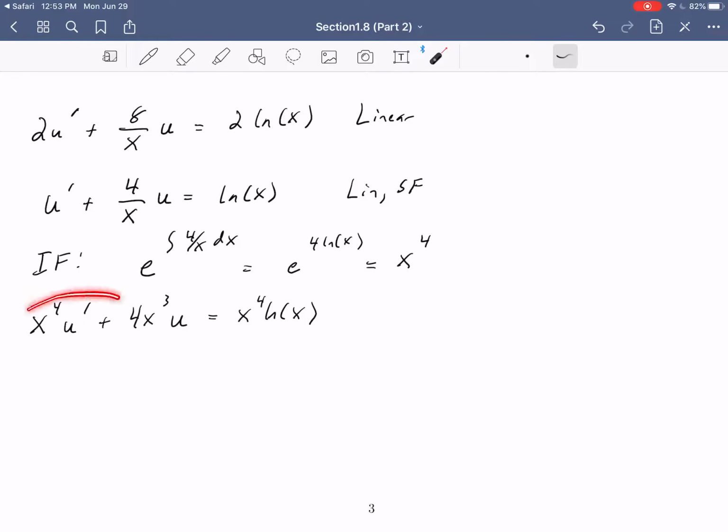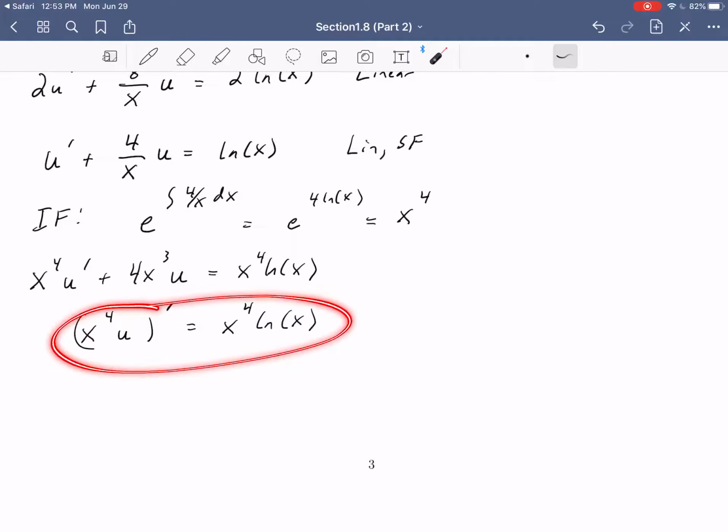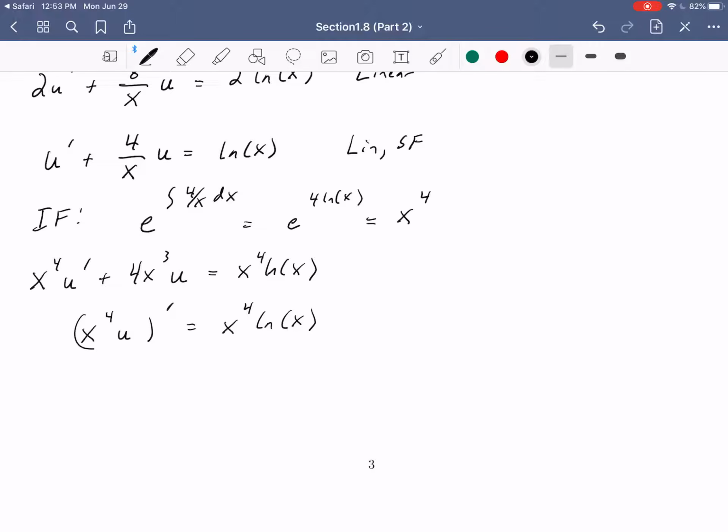Now, we can recognize the left-hand side as a product rule. It's the derivative with respect to x of x to the 4th u, equals x to the 4th ln x. Now we can integrate both sides with respect to x. That'll remove the derivative on the left-hand side. So x to the 4th u is equal to the integral of x to the 4th ln x dx.